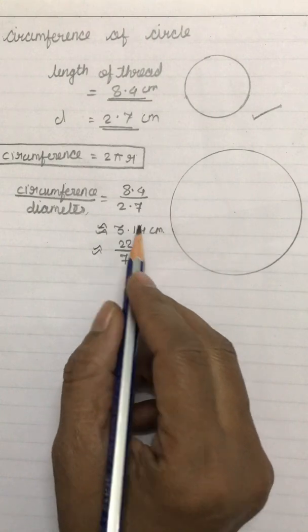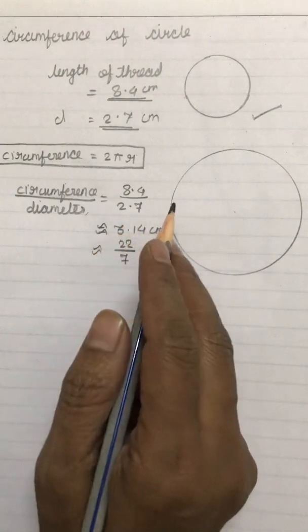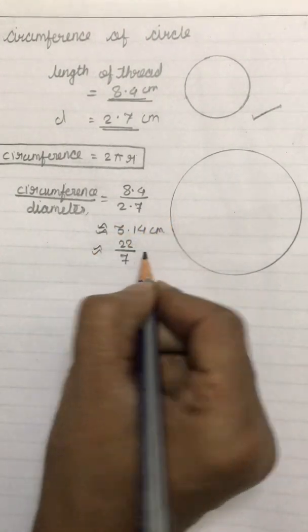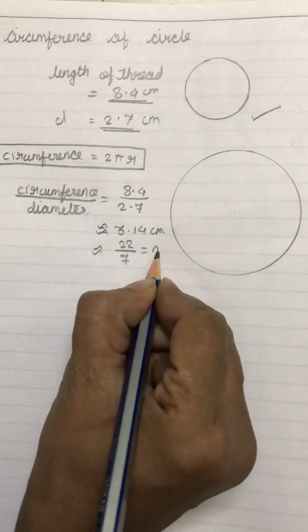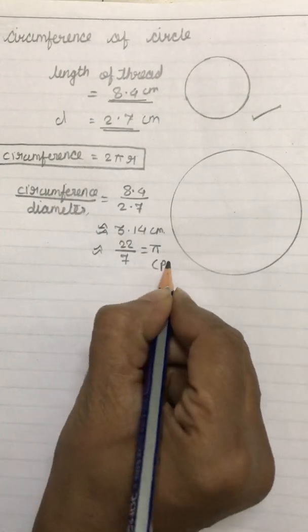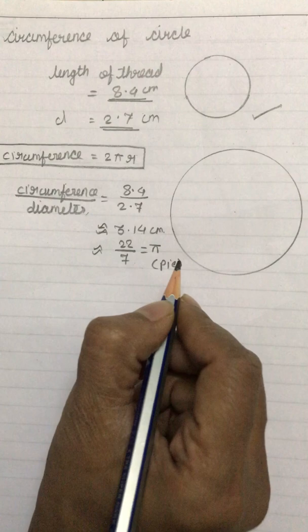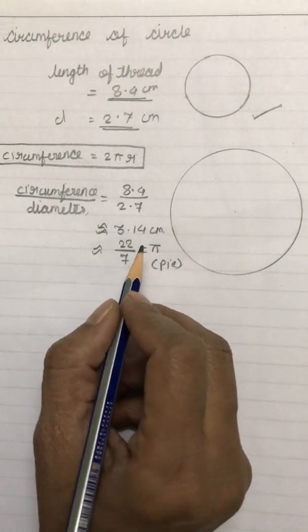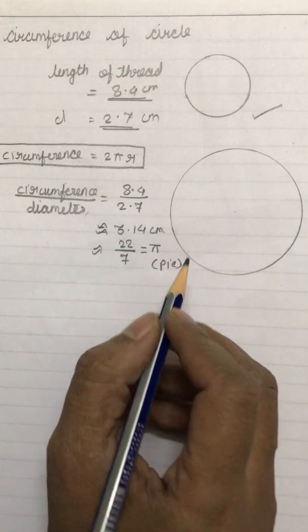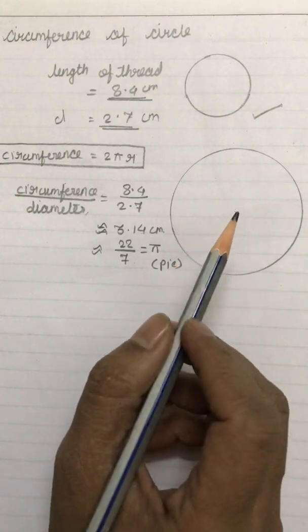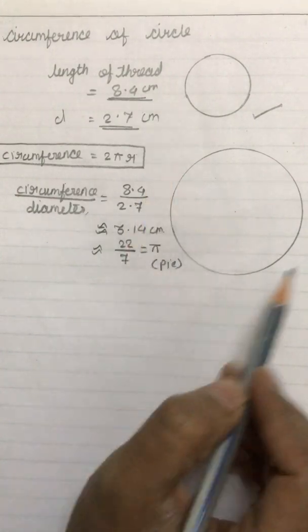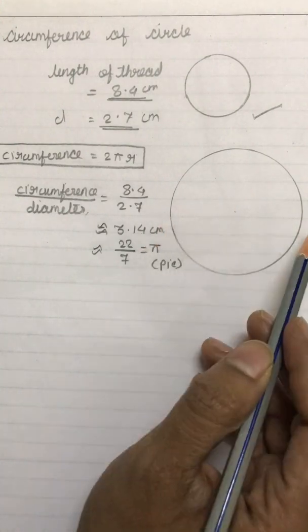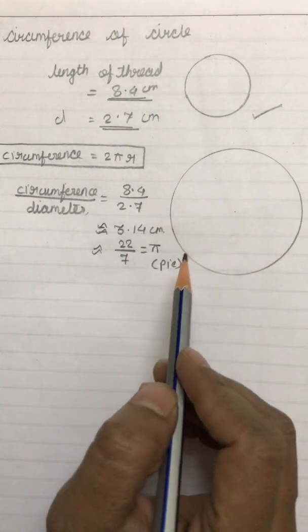This is known as a constant value, and we represent this value by pi. This is a new term for you students, but keep this in mind: pi is a constant term. Whenever we divide the circumference of any circle by its diameter, we get this value pi.